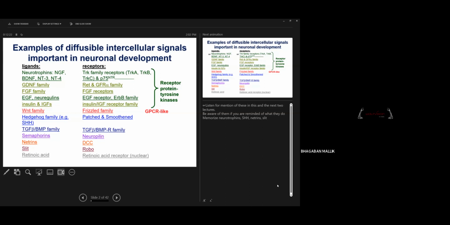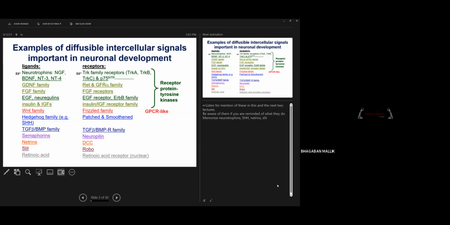These are the ligands I have mentioned here, and these are the receptors which the ligand binds to. The neurotrophin ligands bind to the tyrosine kinase family receptor, and in the neurotrophin family you have NGF, BDNF, all these things. So you just go over the slide and you will come to know which ligand binds to which receptor.